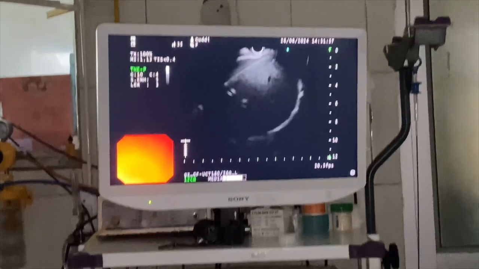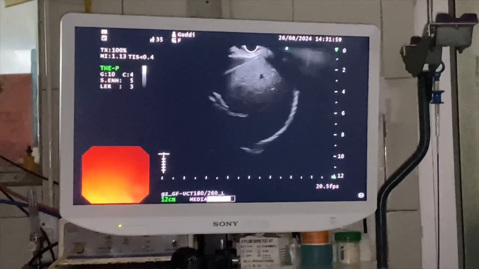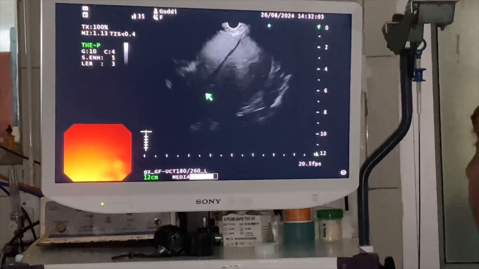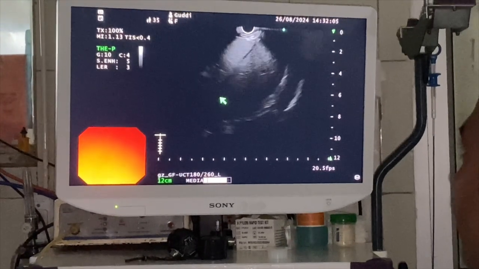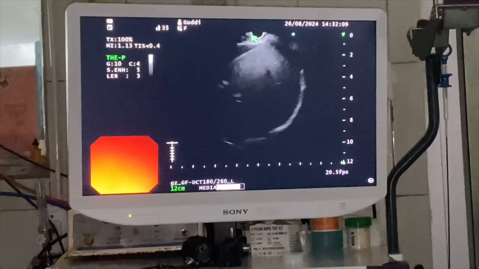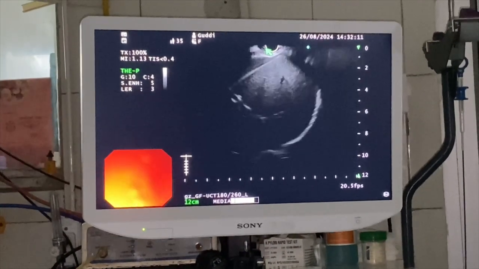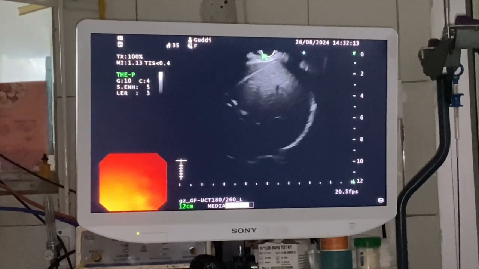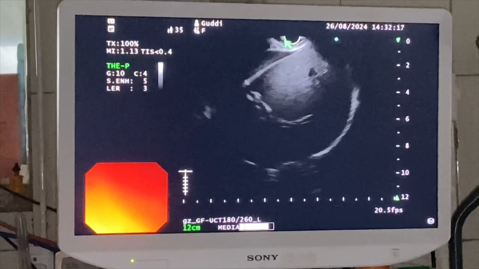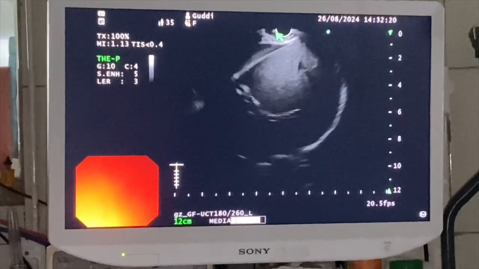So you can see we have got the IVC. IVC is right here, and it is a little bit kinked in the intrahepatic portion.